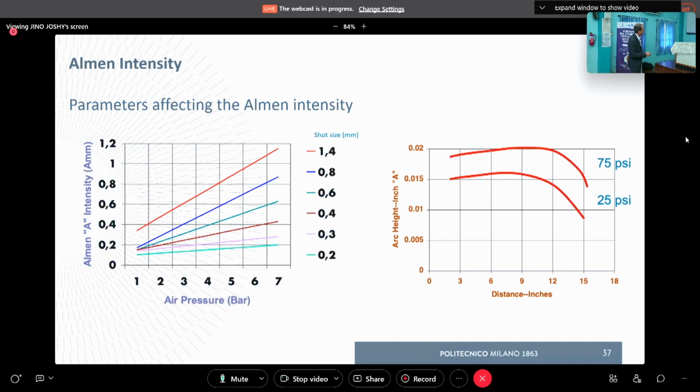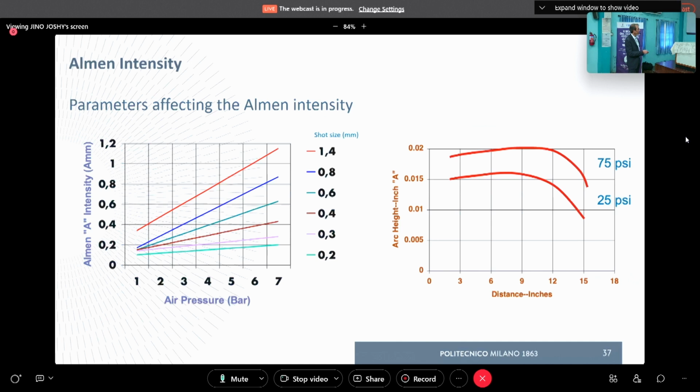Okay, here we see two different curves that refer to different conditions. I'm referring here to air peening, but a similar result can be reached by considering different turning speeds if we consider a wheel peening machine. And here we have the distance expressed in inches this time on the abscissa, and the Almen A on the ordinate.